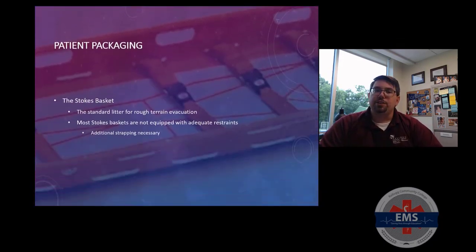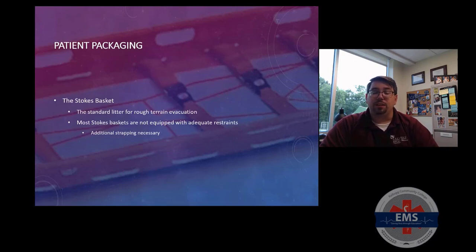When it comes to patient packaging, one of the biggest tools we'll utilize is the Stokes basket. It's the standard litter for rough terrain evacuation. We can immobilize our patient as needed, put them into the Stokes basket or into the litter, properly secure them, and then allow for them to be removed from that environment safely. Again, it provides a lot of additional strapping to make sure the patient remains safe and protected as they go up.